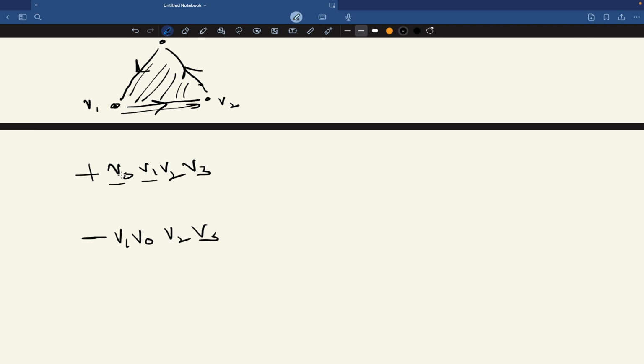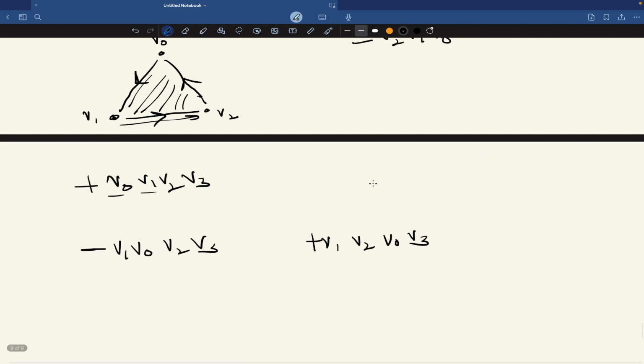And if I am swapping V0 with V2 again, then I'll get something like this: V1, V2, V0, V3. So again one more minus sign and it will become plus. So an odd number of reversals will give you a negative sign to the coefficient, and an even number will make the sign stay positive.